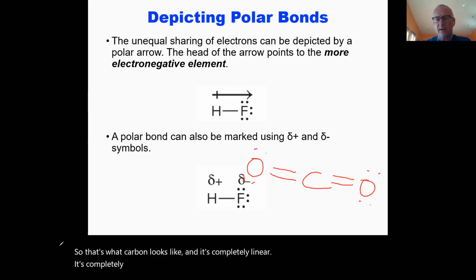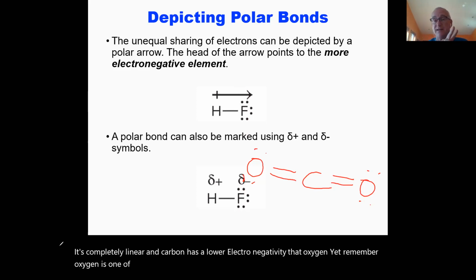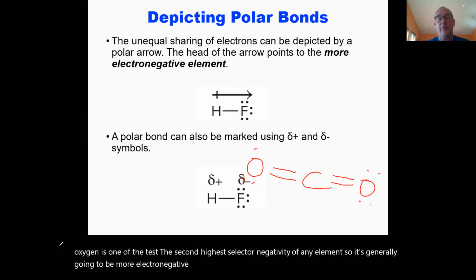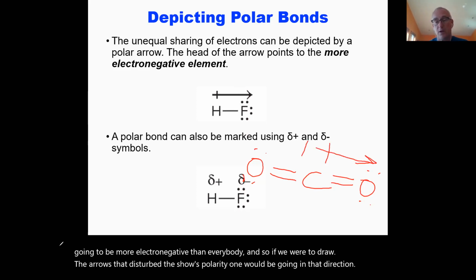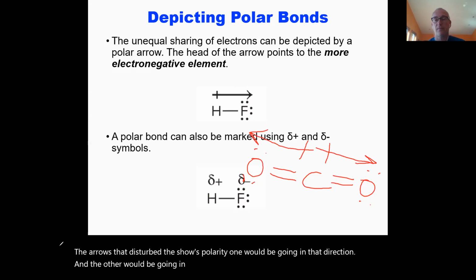And carbon has a lower electronegativity than oxygen. Remember, oxygen has the second highest electronegativity of any element, so it's generally going to be more electronegative than everybody. If we were to draw the arrows to show polarity, one would be going in that direction, and the other would be going in this direction. So we have 2 polar bonds.